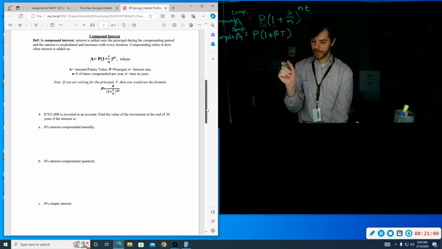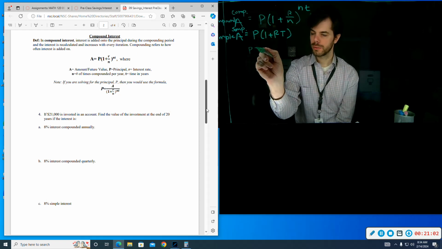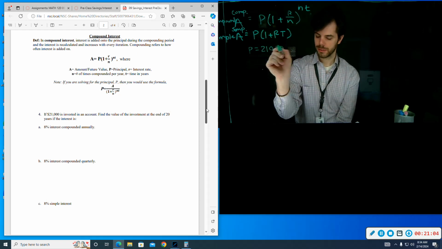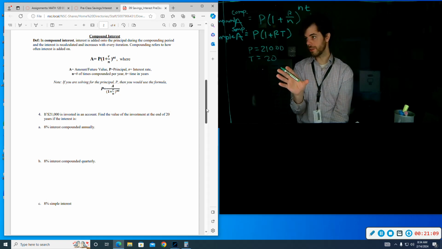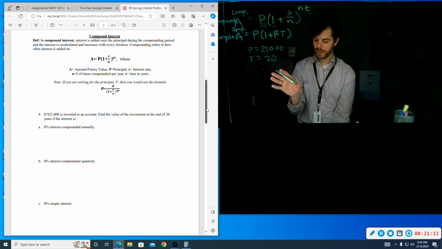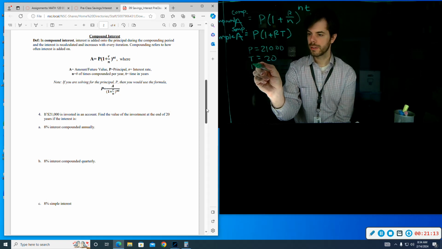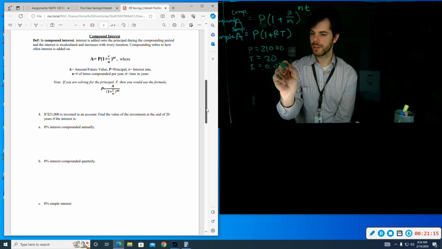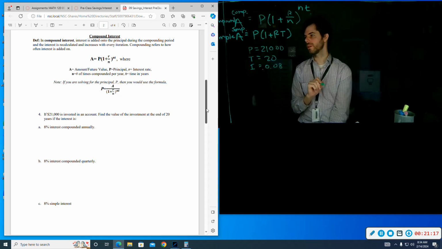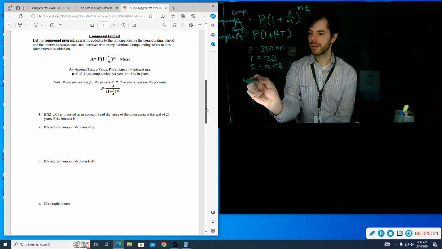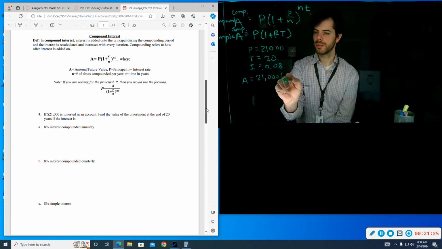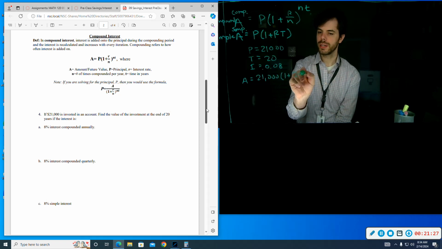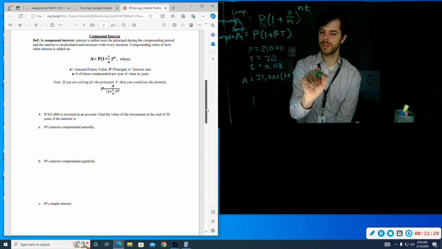Let's identify what we have here. The principal was 21,000. The time is 20 years. Time in these calculations is always done in years, right? And the interest rate, I'm going to convert that directly to a decimal. It's 0.08. Those are the numbers I'll plug in. And now I get my amount at the end as 21,000 multiplied by 1 plus 20 times 0.08.